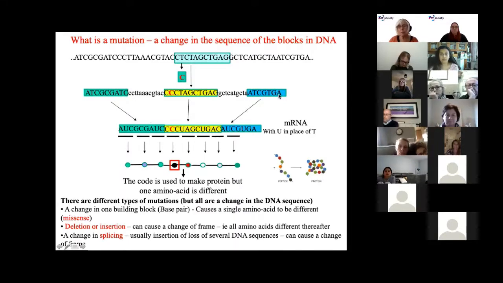That's one example. Another example is where you can create a splice site. So a mutation here makes something new and the cell thinks, oh, I'll go from there to there instead of from there to there. So there are various different types of what we call splicing mutations.